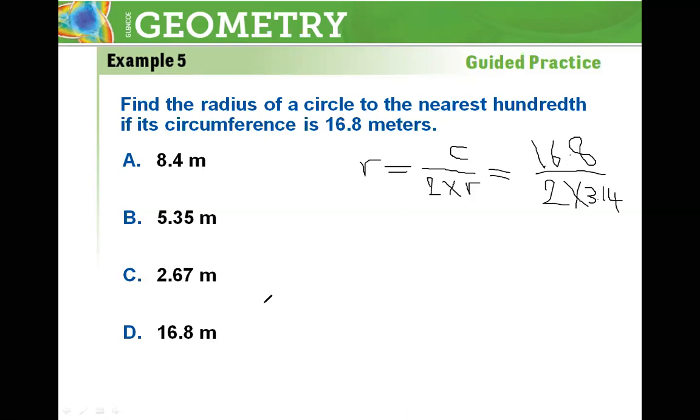Mister, I'm sorry, but the internet connection is bad here. Okay, there is no problem. Abdullah or Mazen, if you get it, give me the result. Yes, I get it: 2.67. So the radius length is letter C.